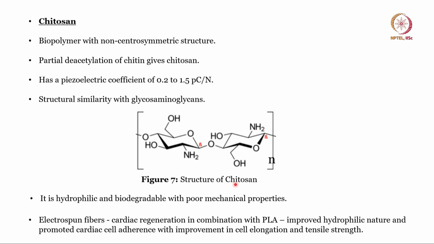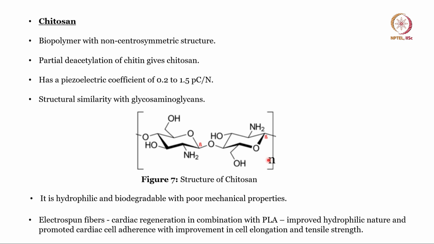In the structure here you can see the presence of amino as well as hydroxyl groups in the material. These amine and hydroxyl groups give polarity to the molecule. So, when it is subjected to stress, polarization of the material takes place, and thereby piezoelectricity of the material can be observed.